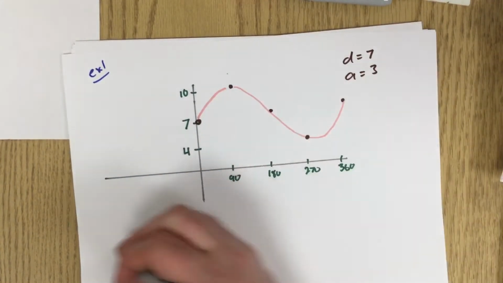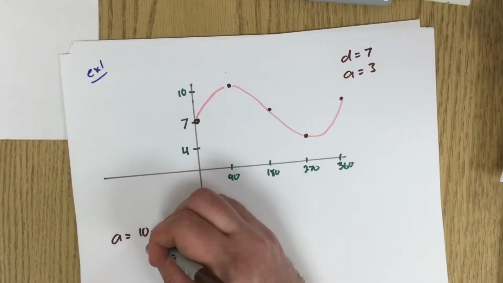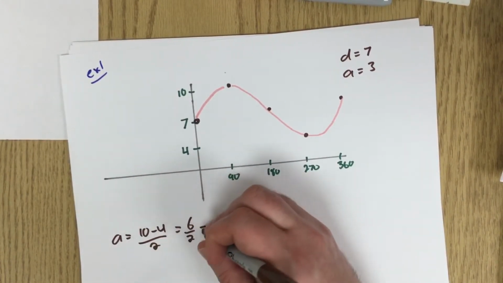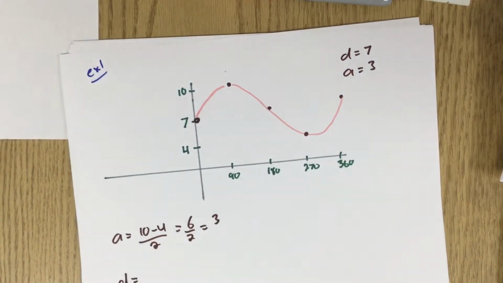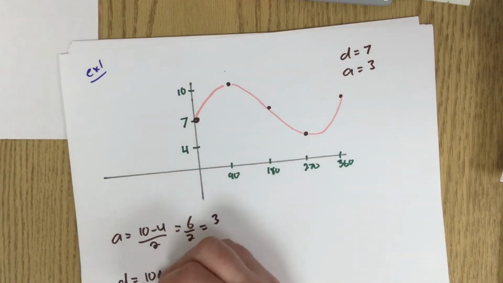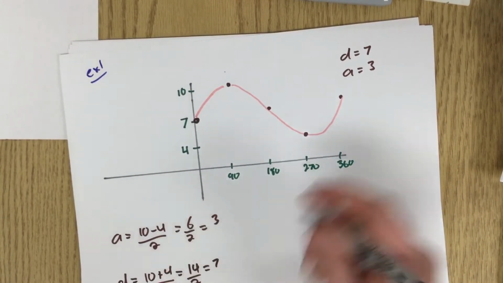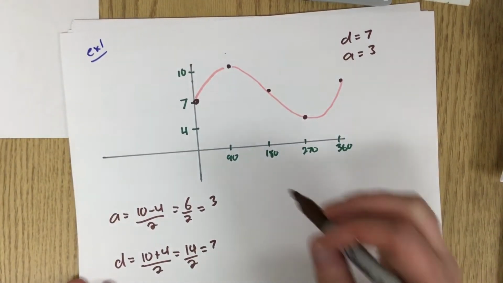If we didn't know that, we could calculate it. a is the max minus the min, divided by 2, which is 6 divided by 2, which is 3. And our d value is going to be 10 plus 4 divided by 2, which is 14 over 2, which is 7, which is what we already knew, but if you don't know it, luckily you have a formula.